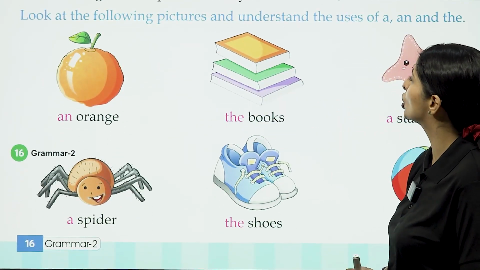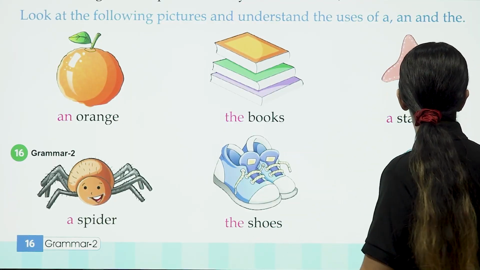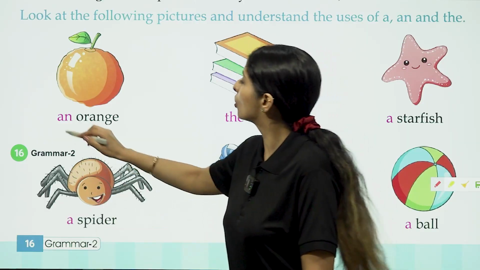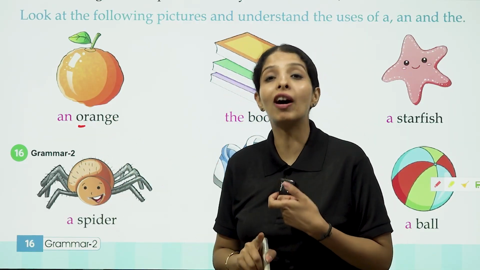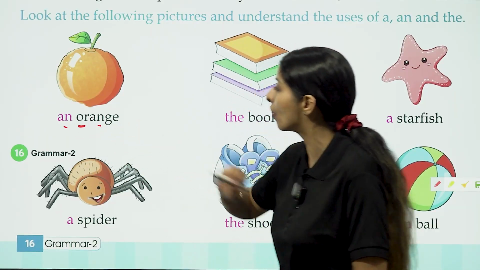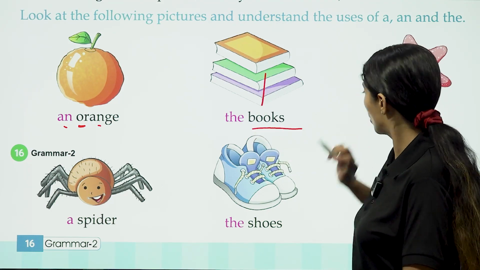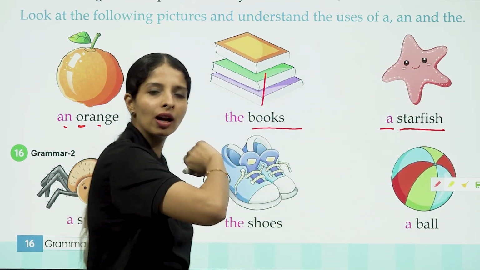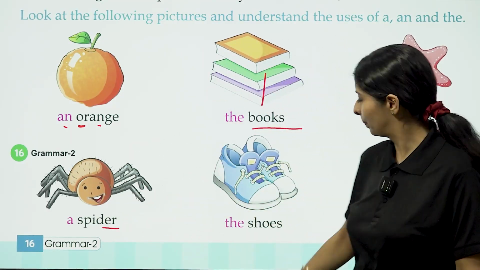Look at the following pictures and understand the uses of A, An and The. Here, one orange, right? So here, O is a vowel sound, so an orange. Books, plural, the books. Starfish starts with a consonant sound, so a starfish. A spider.